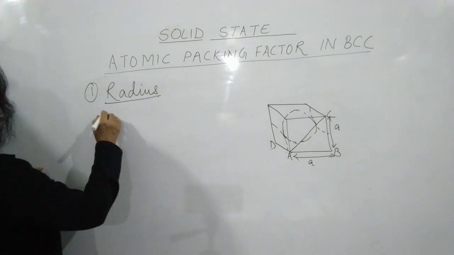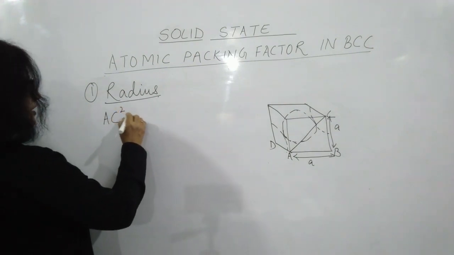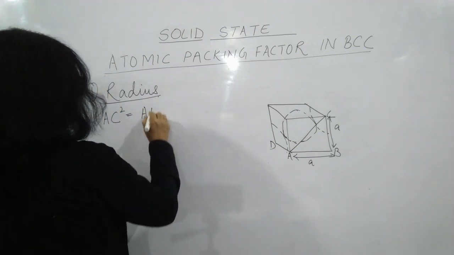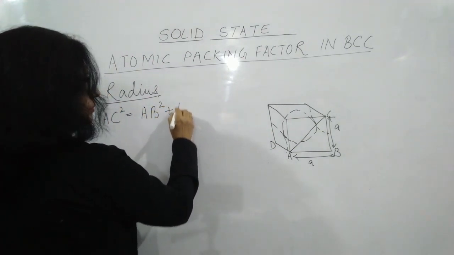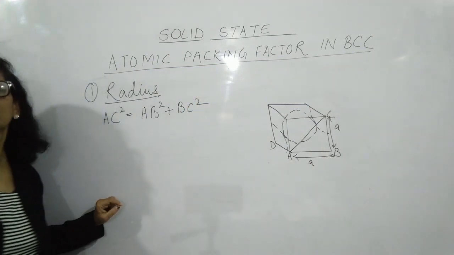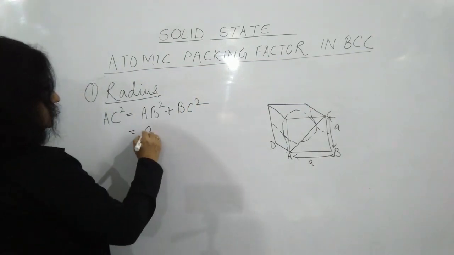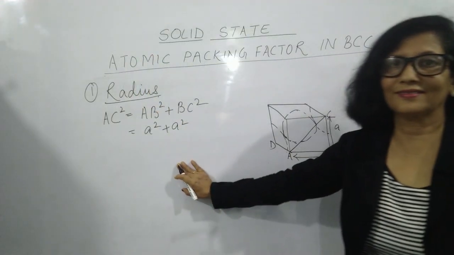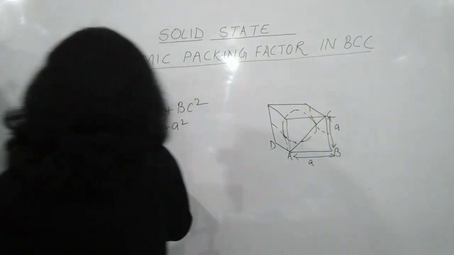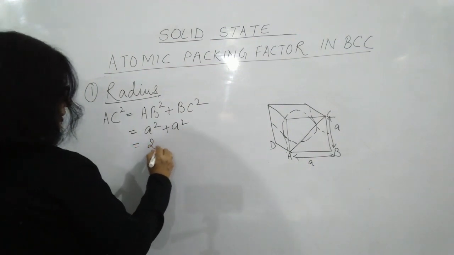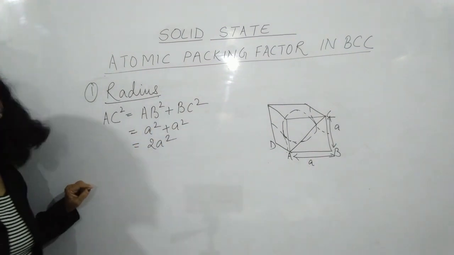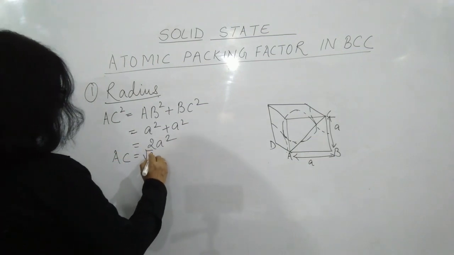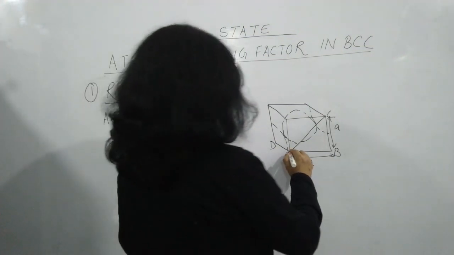According to Pythagoras theorem, this AC square will be equal to AB square plus BC square. Here, this is A square plus A square, so it is coming 2A square. AC will be equal to root 2A.